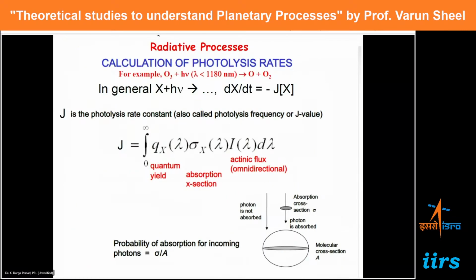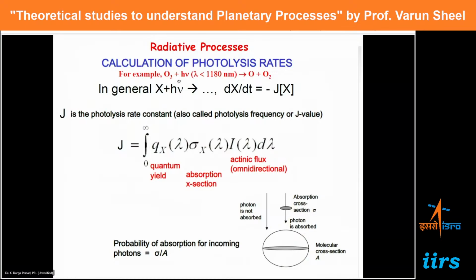So now let us look a little bit at the radiative processes, what can happen. One of the things is the photolysis rate. Whenever a reaction happens, you may get a new species, but at the same time you can have some energy as well. For example, O3 plus hν can give rise to O plus O2.